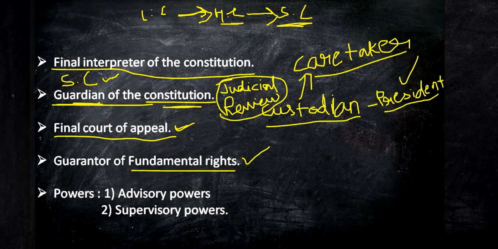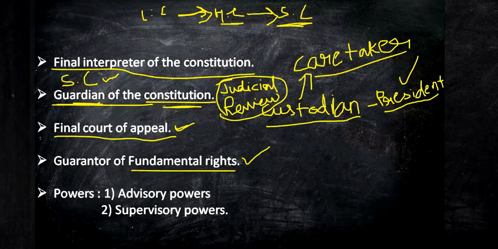And if that fundamental right is found to be violated, then what happens? Then the Supreme Court directs that public authority or the state to act in a certain way, or to change that law in such a way that the fundamental rights of that person or of the citizens are not violated at all. Is it clear?